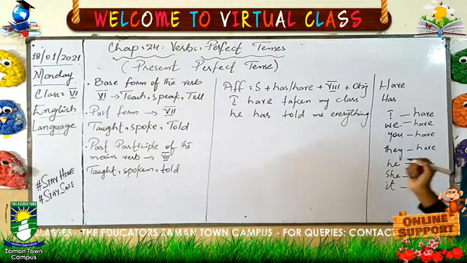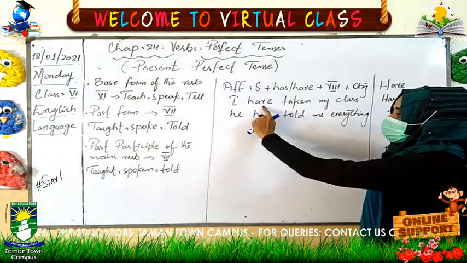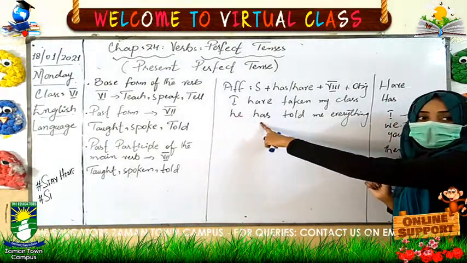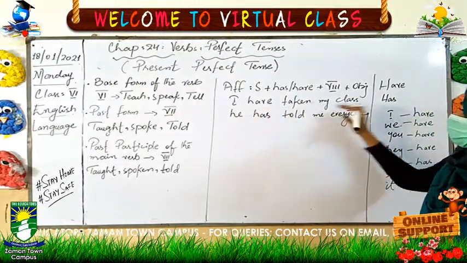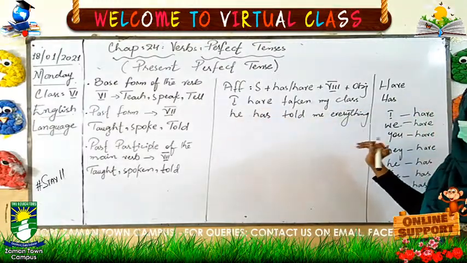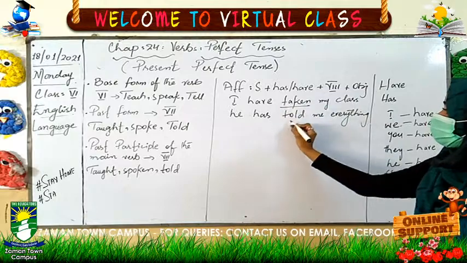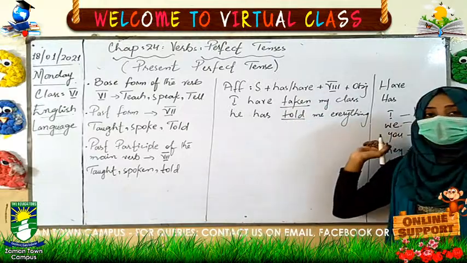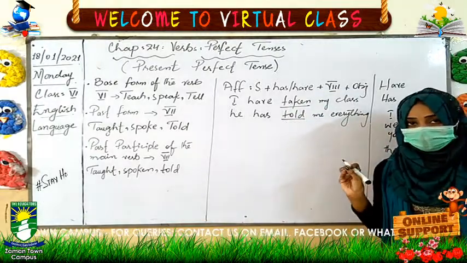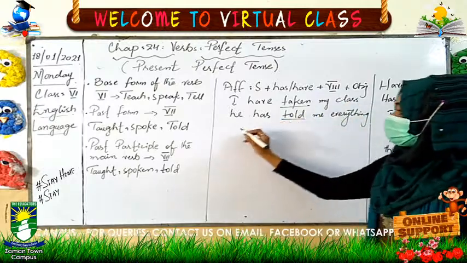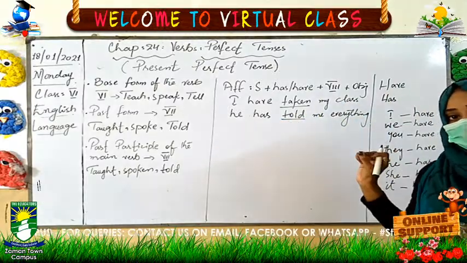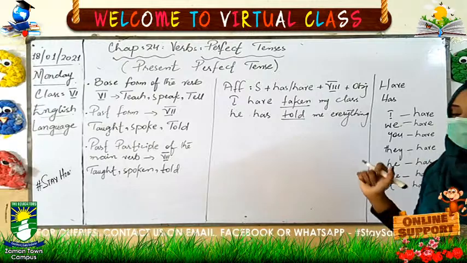Got it? With I, I have used have here. With he, there is has. I have taken my class. He has told me everything. Taken and told, they both are the third forms of the verb. Got it? If you are going to use the first and second form, your complete sentence will be wrong.